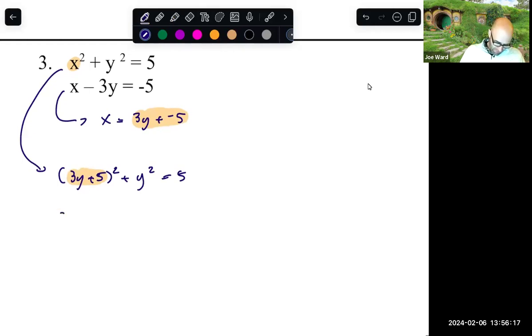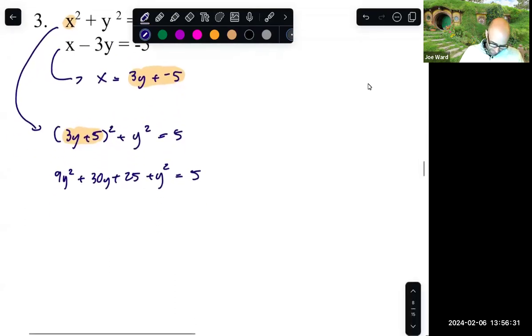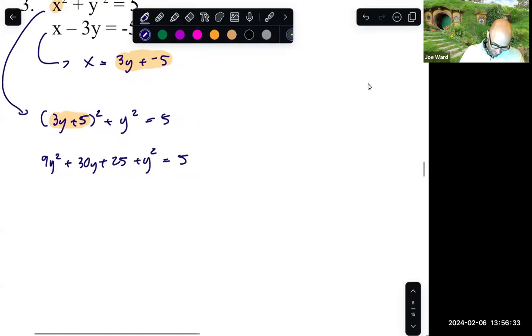Now different degrees of that variable, but just one variable becomes a quadratic, right? So when we square this, you get 9y squared plus 30y plus 25 plus y squared equals 5. When you square, you get a squared plus 2ab plus b squared. And now we're going to combine some things. So you get 10y squared when we put these together plus 30y.